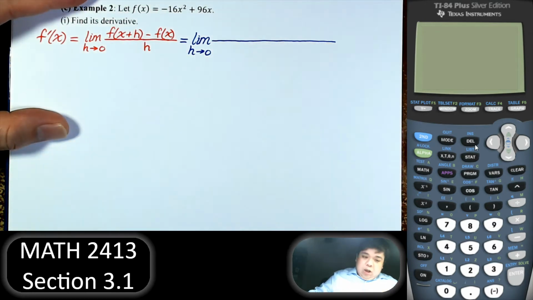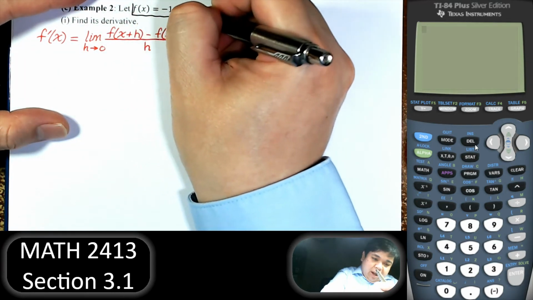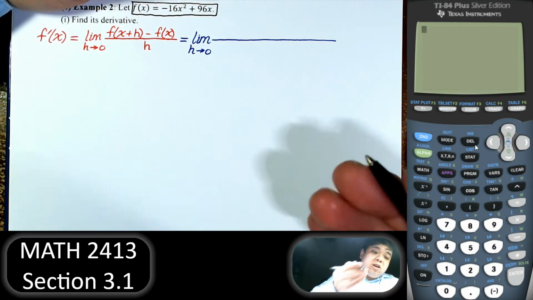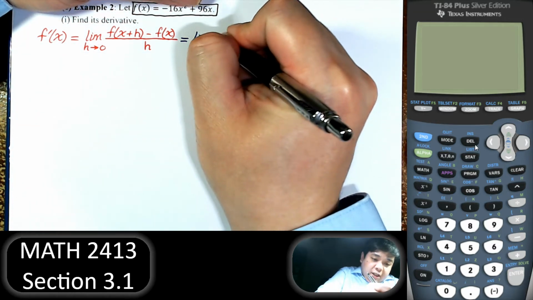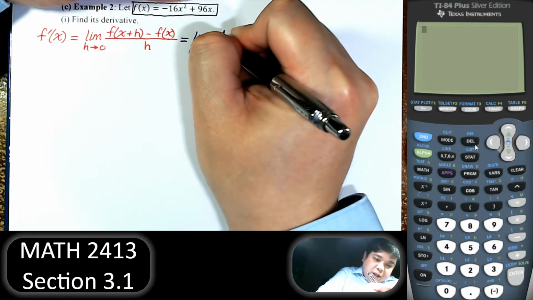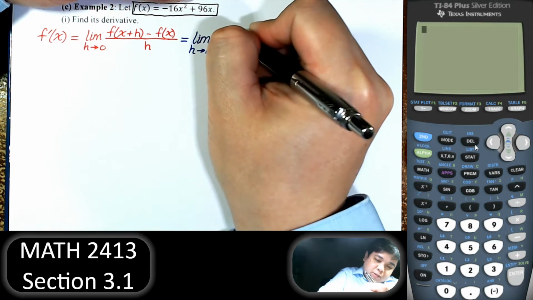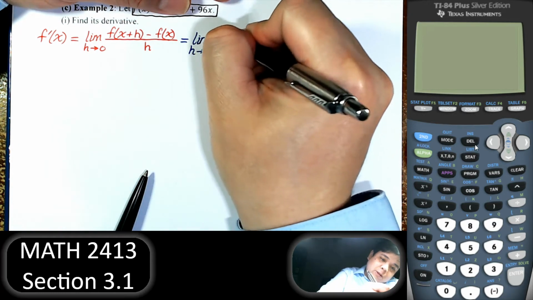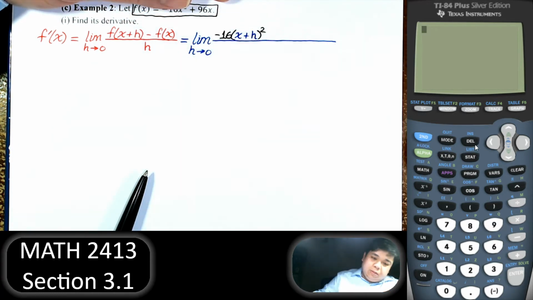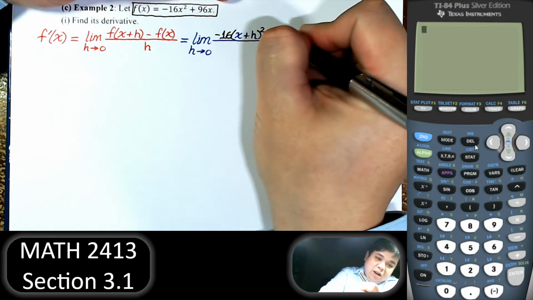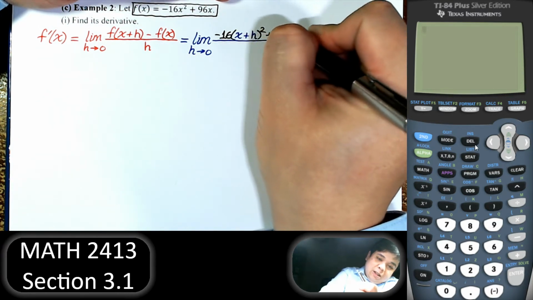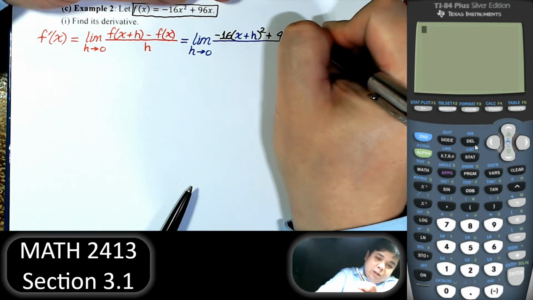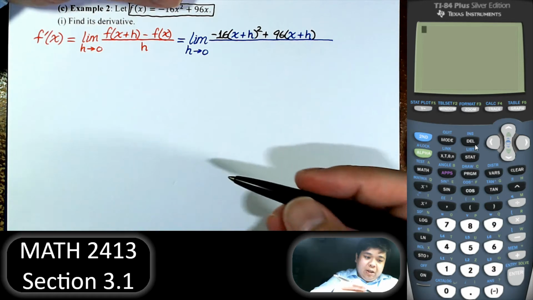So the function is f of x equal to negative 16x squared plus 96x. First, I'm going to put x plus h in for x, plus 96 times x plus h in for x. So that's the first part of it.